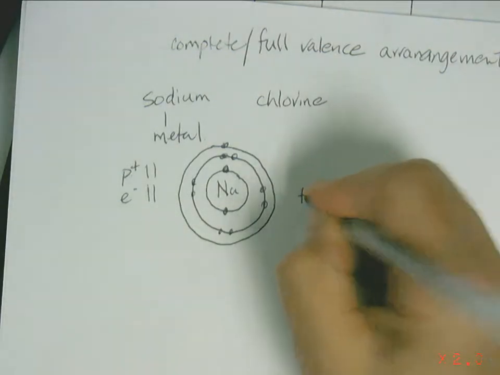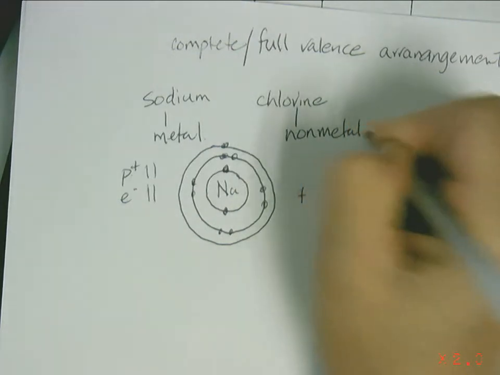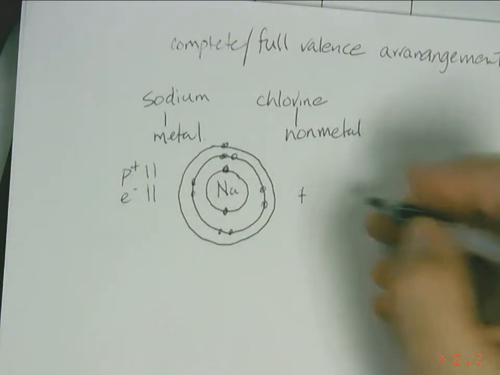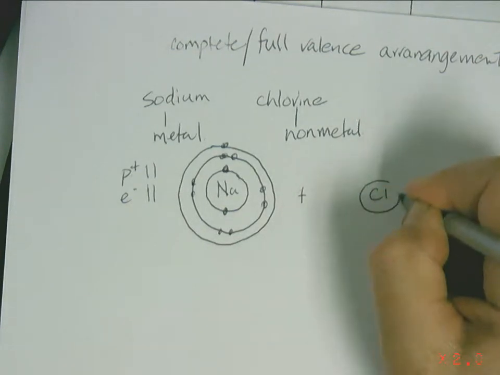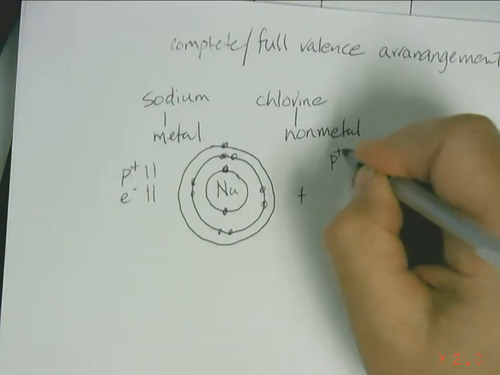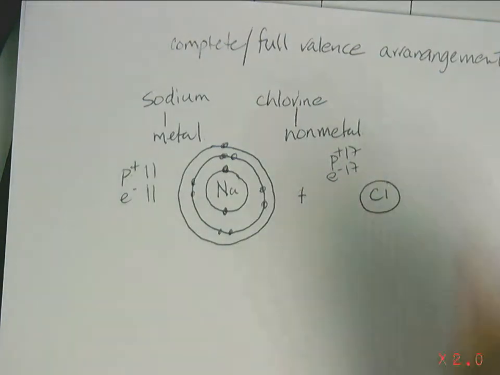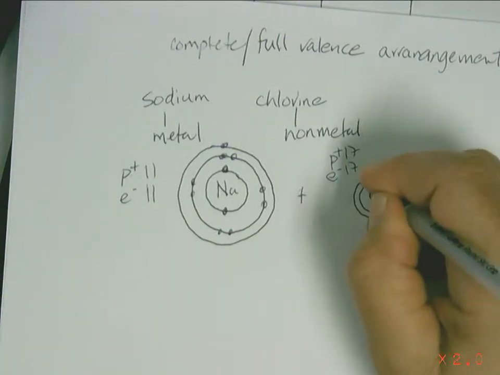And then we'll draw chlorine, and chlorine is a nonmetal. And it tends to gain electrons and have an overall negative charge. So let's look at the atom, and we'll draw the Bohr again. And chlorine is atomic number 17, so it has 17 protons and 17 electrons in its neutral form.